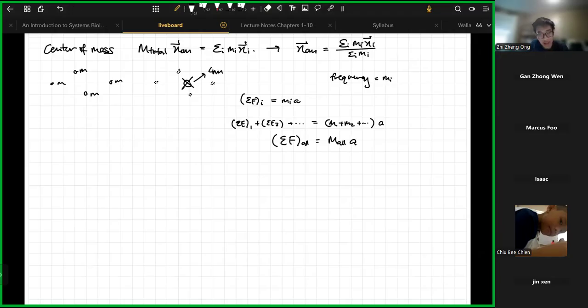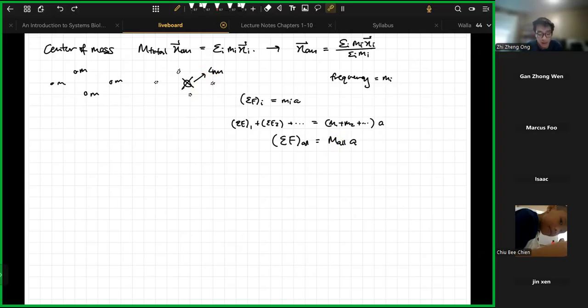On the right hand side, you'll get the mass of all of them. So essentially, F equals ma still works, just that now you use all the forces acting on all of the masses as the net force, and that net force acts on this point at the center of mass, where that point has the total mass 4m. So that's the key idea here.